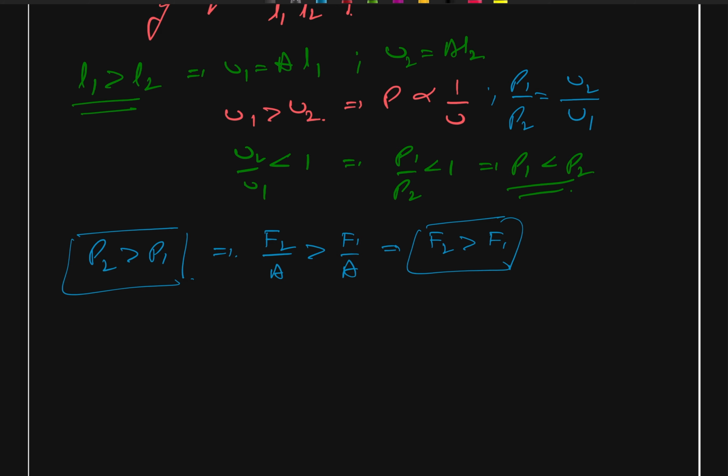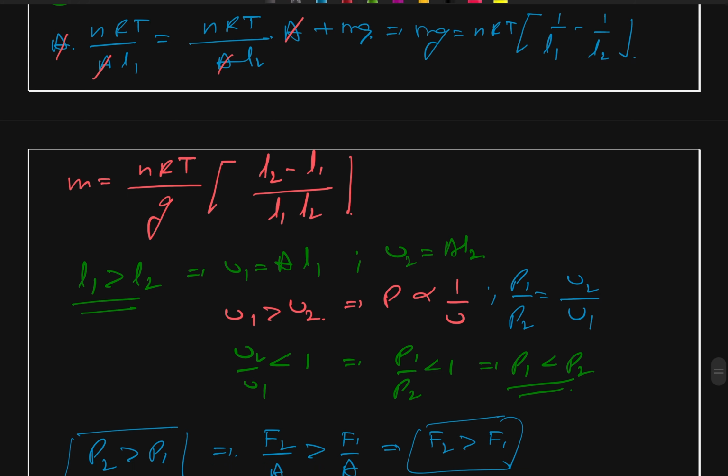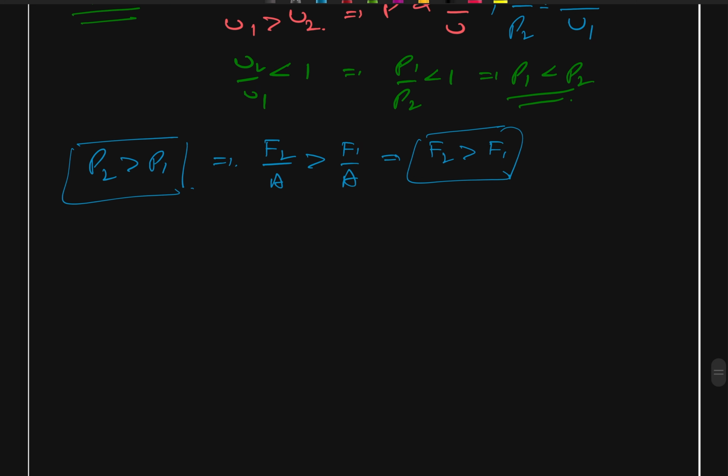Okay, so the only thing is the sign needs to be adjusted. The answer will be the same. Therefore, our F2 is greater than our F1. Thus, we can write that our P2A will be equal to our P1A plus mg.